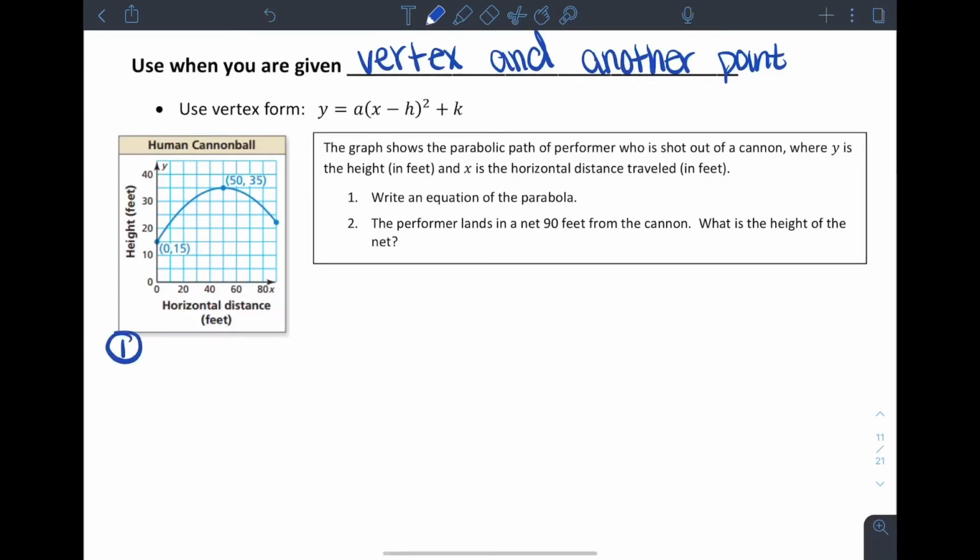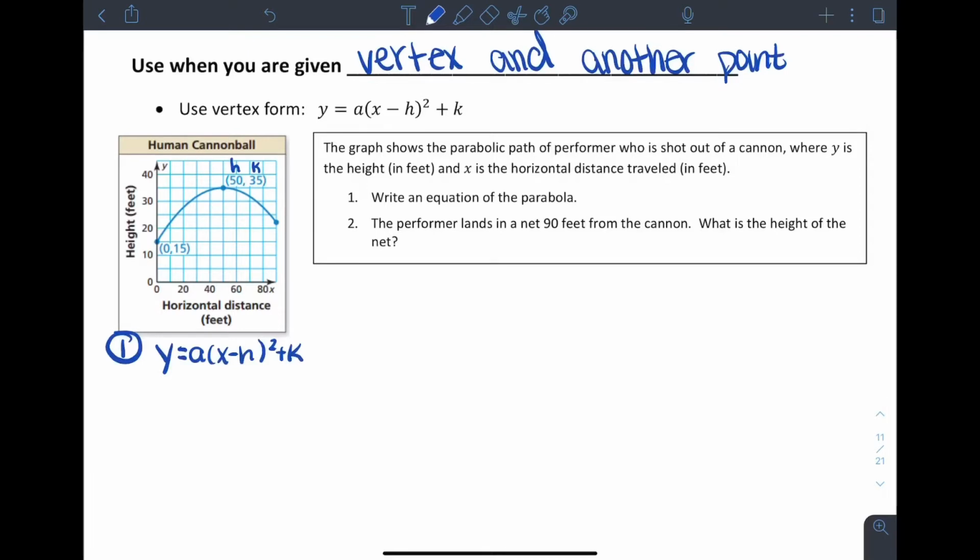And the thing we've got to remember is that vertex form is y equals a times (x minus h) squared plus k. Now let's go ahead and look at this parabola that was given to us. I think right away we can identify the vertex by looking at this. It's (50, 35), right? So therefore I know h and k, and I can plug those into vertex form.